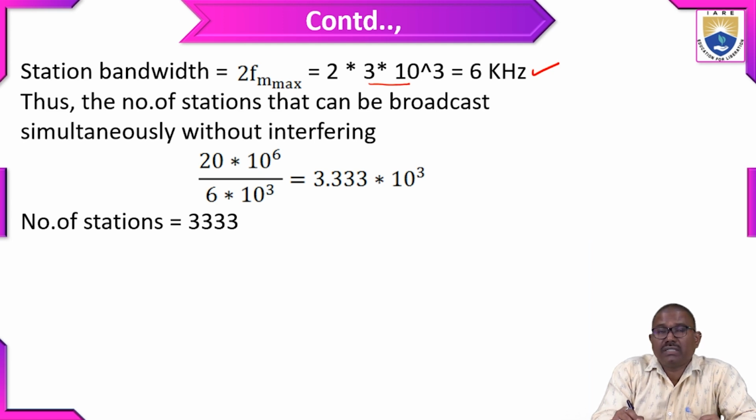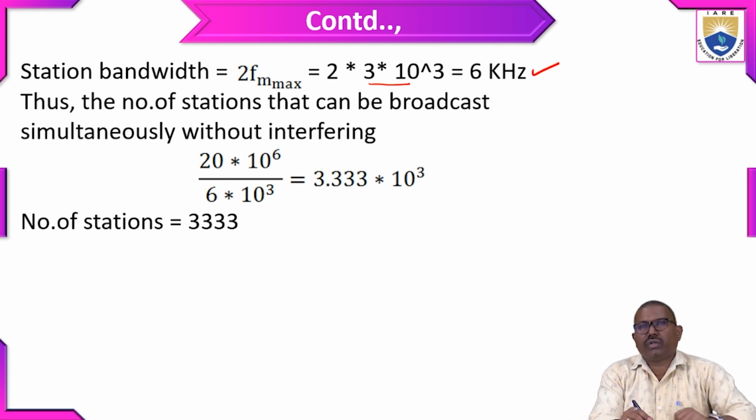And what is the other part? Without interfering. Our problem is how many stations can broadcast simultaneously without interfering. They gave 20 megahertz, so 20 into 10 power 6 divided by 6 kilo, that is 6 into 10 cube. These are the stations.